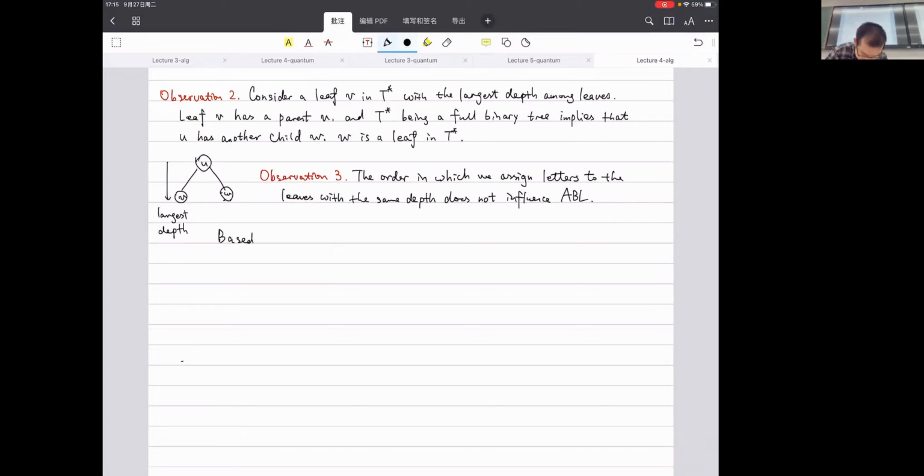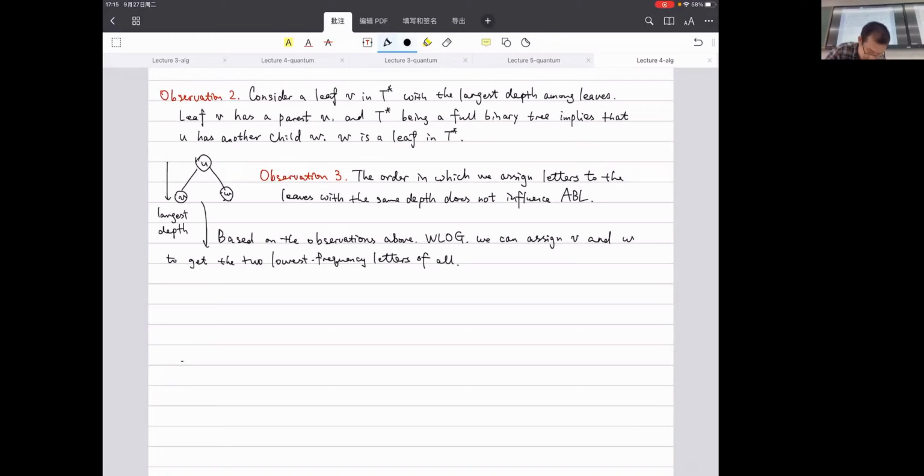Based on the observations above, without loss of generality, we can assign V and W to be the two lowest frequency letters of all.